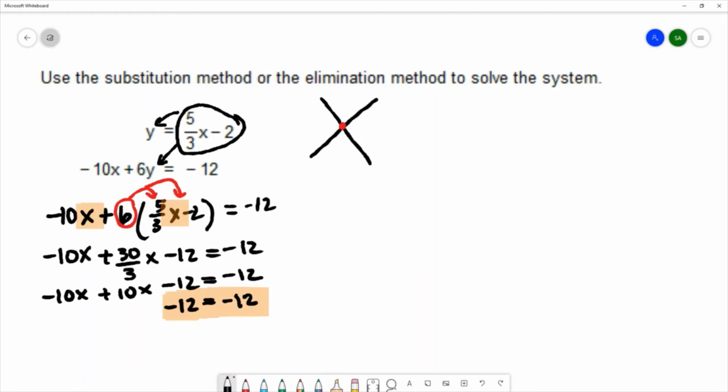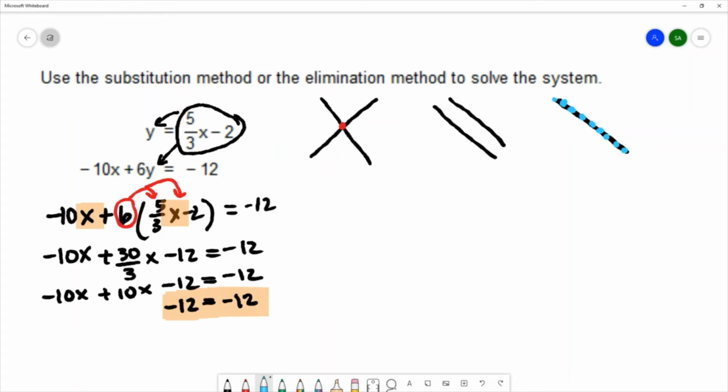However, we have a couple special cases where we could have two lines that are parallel to each other and have no intersection point, or we could have two lines that are actually right on top of each other. In that case, you have infinite number of intersection points, all of them being on top of that line.